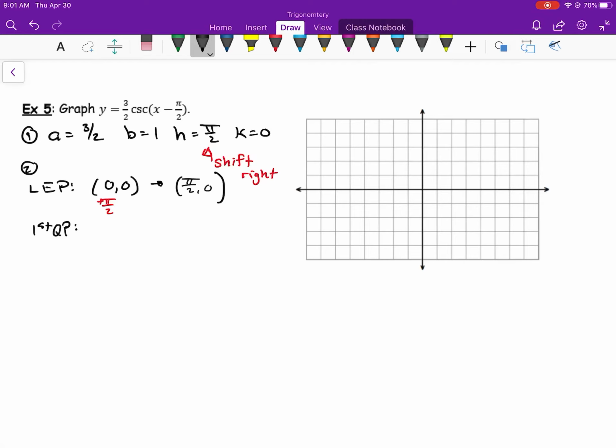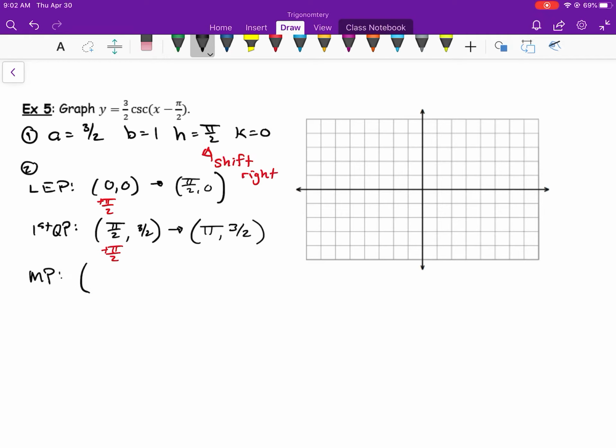First quarter point is pi over 2b, so pi over 2 and a, which is 3/2 or 1.5, plus pi over 2. So a half plus a half gives me 1. So this will be at pi and 3/2.